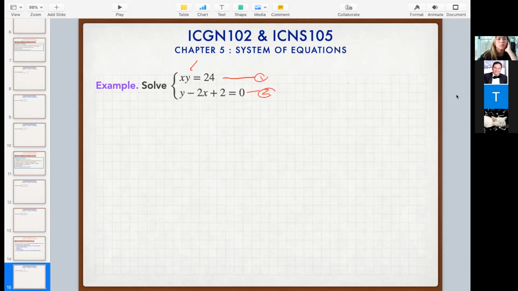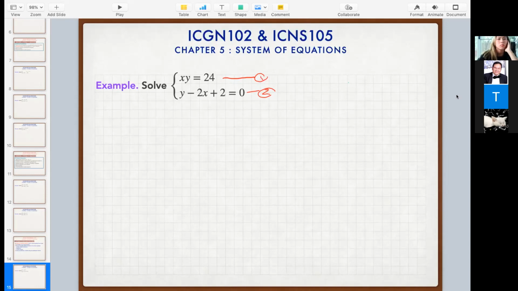This makes the equation nonlinear, so we call this a system of nonlinear equations. So how are we going to do that? You can see that the easiest way to substitute and eliminate the variable is to do it with equation number 2, because it is the linear equation.